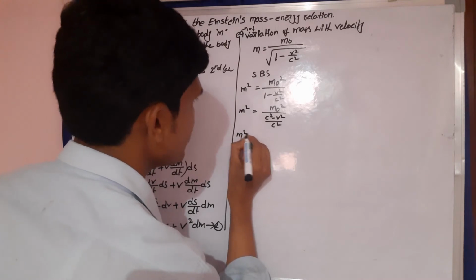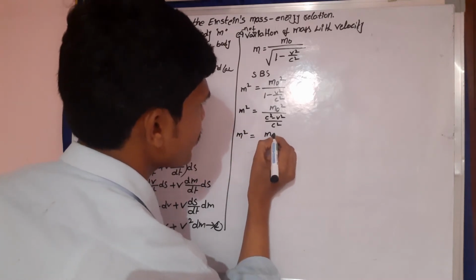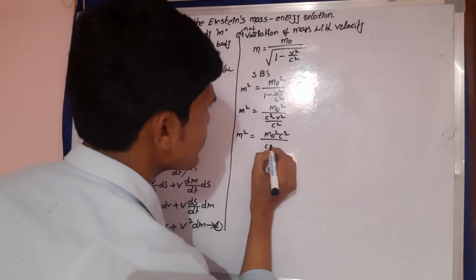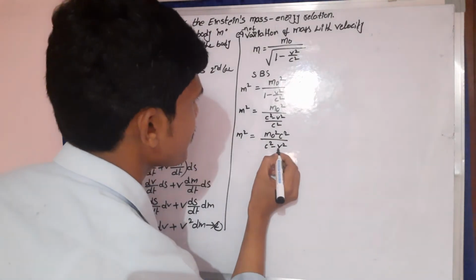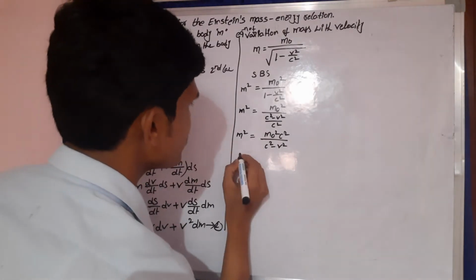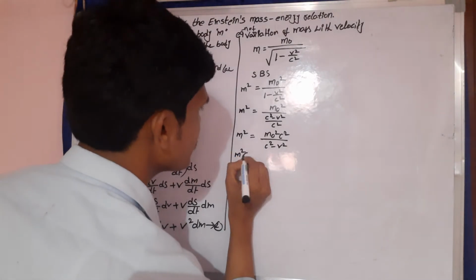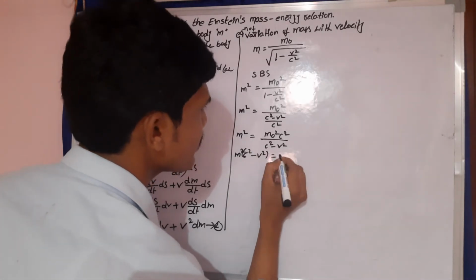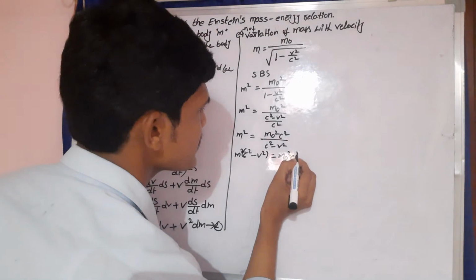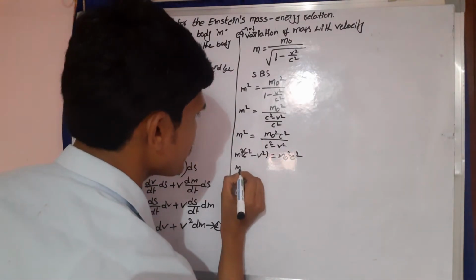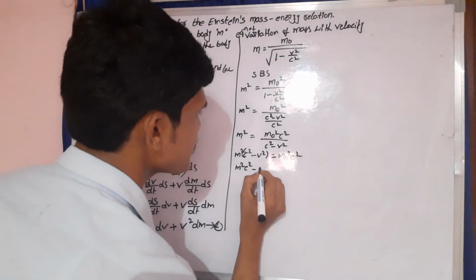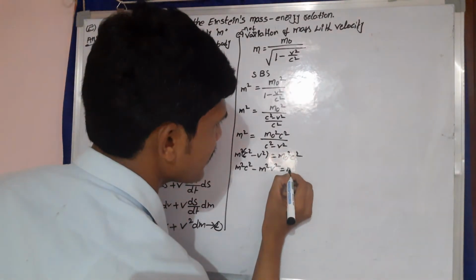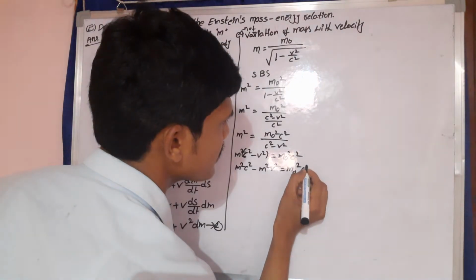That means m square equals m naught square c square by c square minus v square. So cross multiplying, m square c square minus m square v square equals m naught square c square.